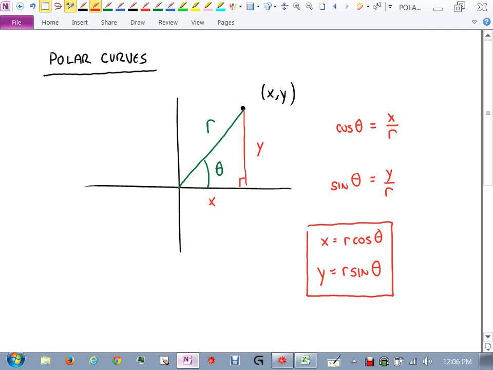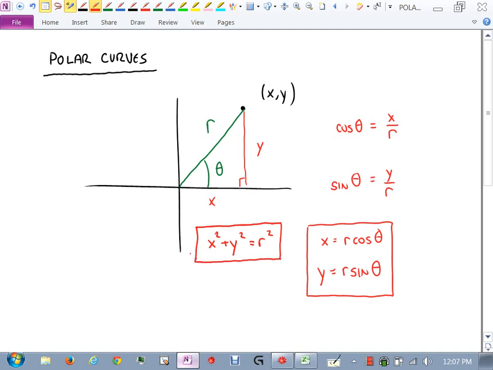I'm boxing these because these are what we call the conversion equations. If you want to take something from Cartesian, xy, to polar, r theta, these are two of the equations that you can use. Now the other relationship we have, there's two more relationships that we like to write down, is the Pythagorean identity off this right triangle. We know that x squared plus y squared equals r squared, so that is a relationship between Cartesian and polar.